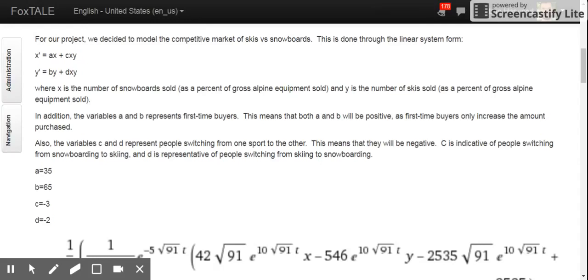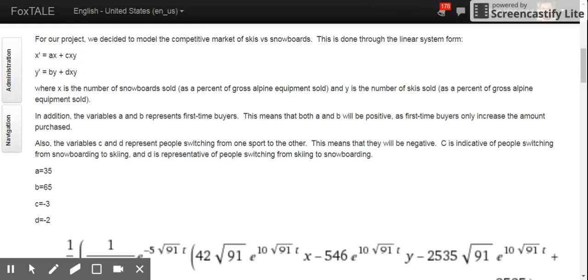We decided to model the competitive market of skis and snowboard sales using these two equations right here. X represents the number of snowboards sold as a percent gross of alpine equipment, and Y represents the number of skis sold.